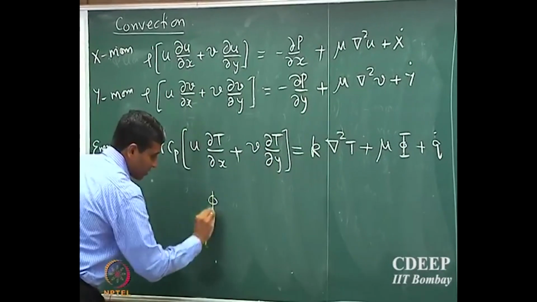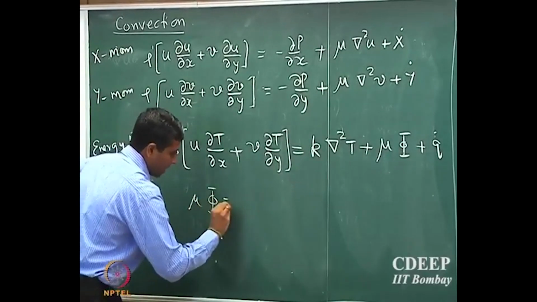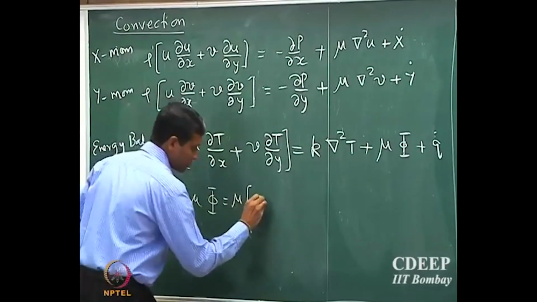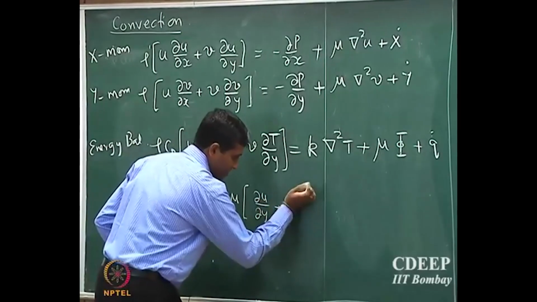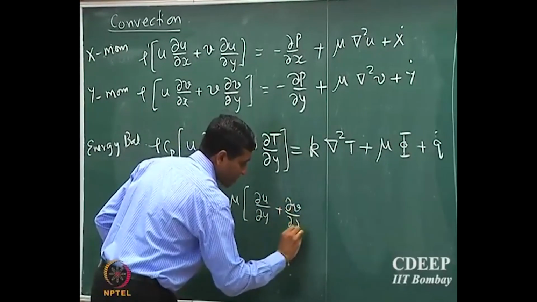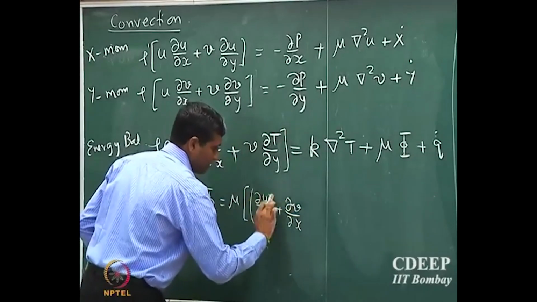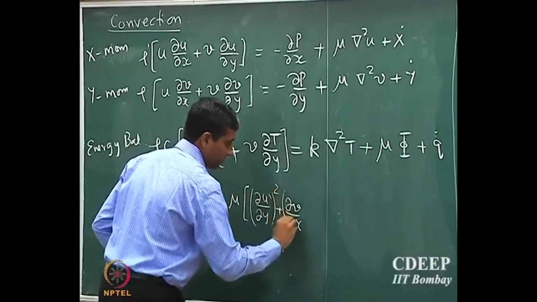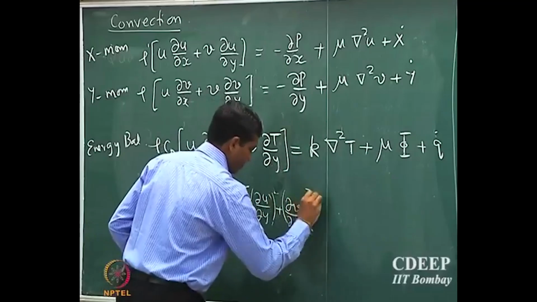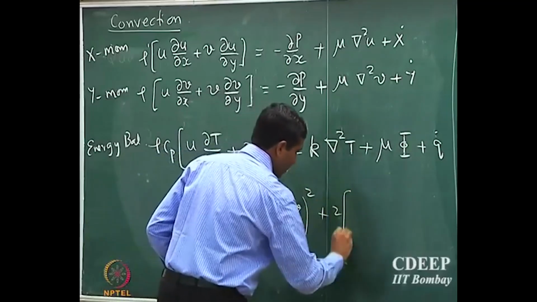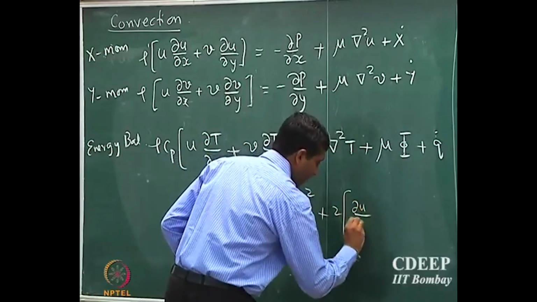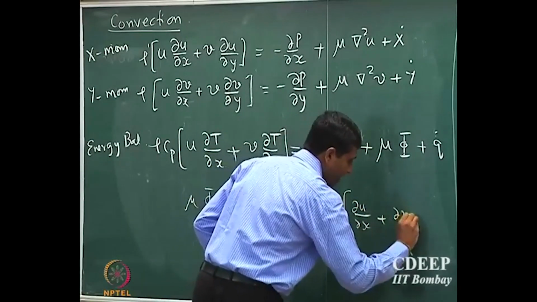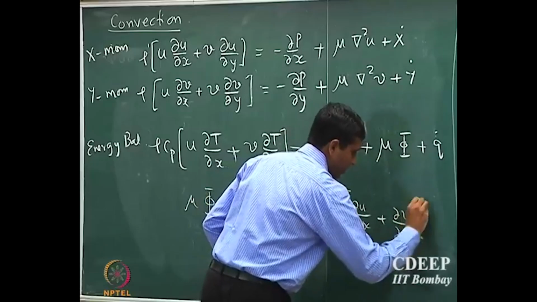Okay. Viscous dissipation is given by mu times (dou U by dou Y plus dou V by dou X), square of that, plus 2 times (dou U by dou X plus dou V by dou Y), the whole square.